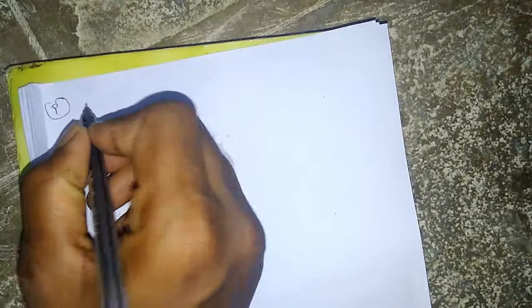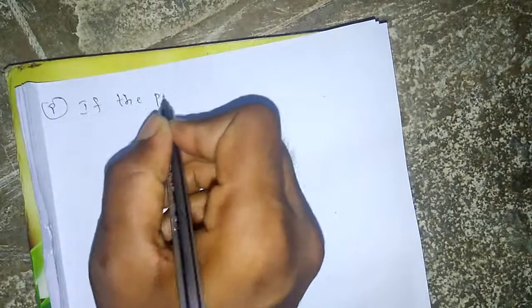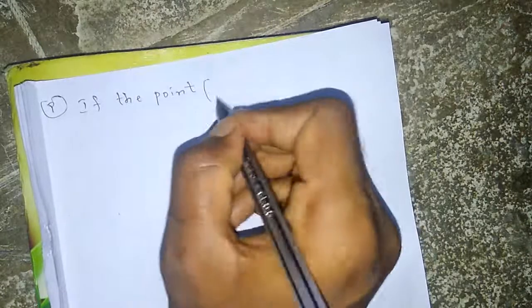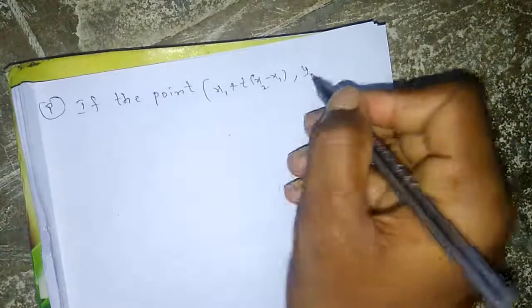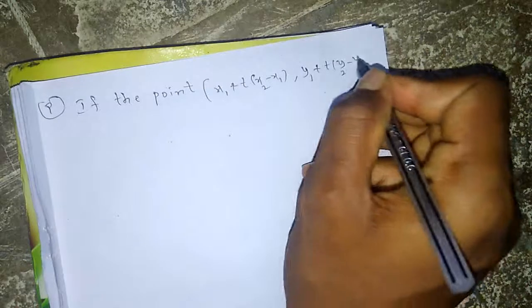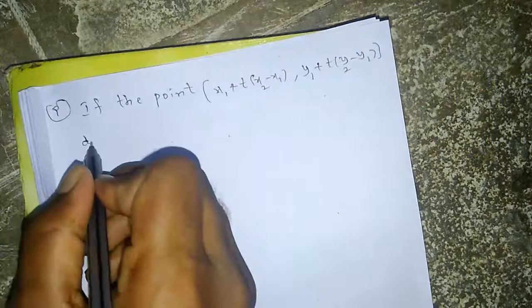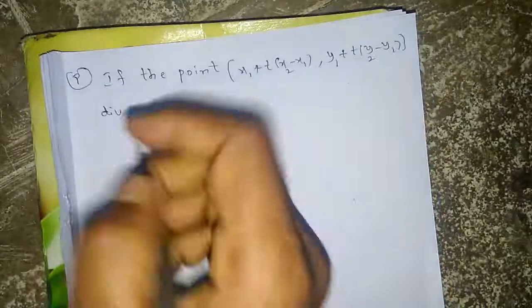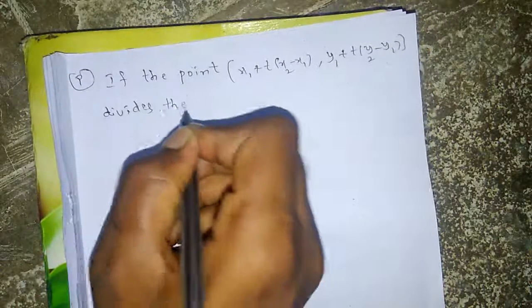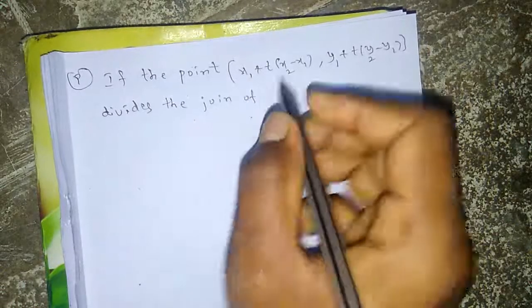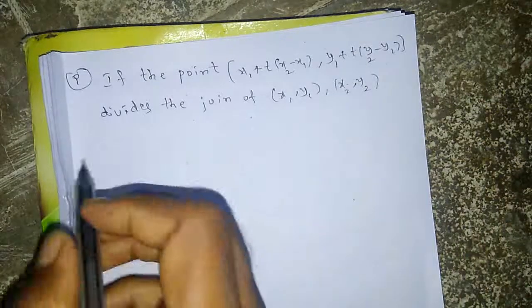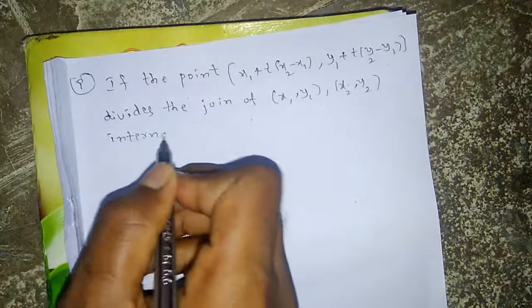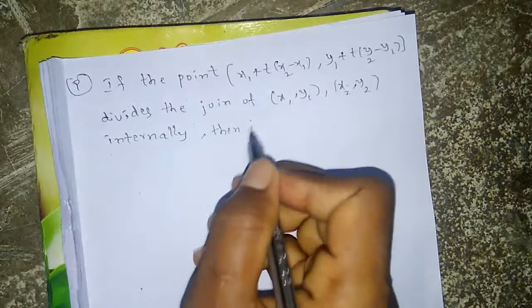So let us do an example. If the point (x1 + t(x2 - x1), y1 + t(y2 - y1)) divides the join of (x1, y1), (x2, y2) internally, then t belongs to.